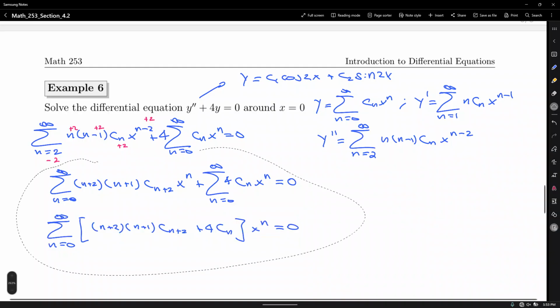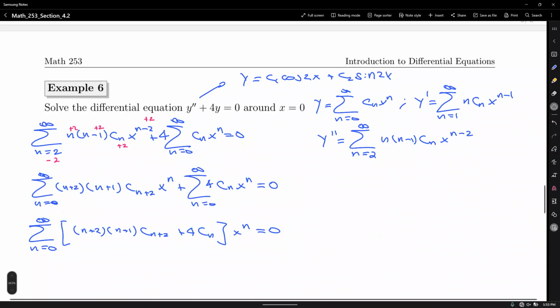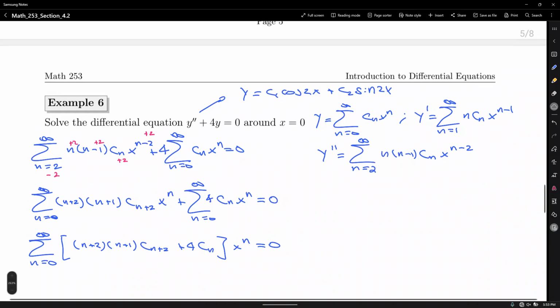Do we all agree with this so far? Are you guys following me up to this point? Okay. So we may go ahead and set the quantity inside of the series to zero to come up with our recurrence relation. Let me do it here on the side. So n plus 2, n plus 1, c sub n plus 2 equals negative 4 c sub n.